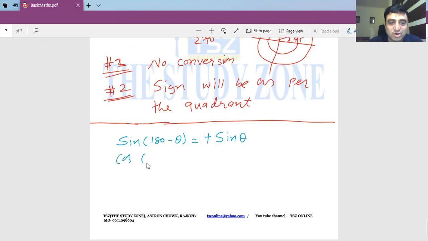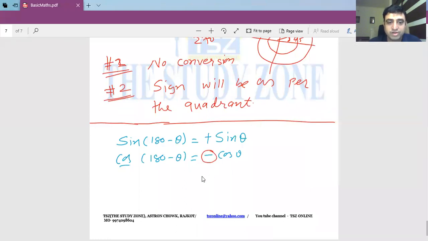But if it is cos 180 minus theta, then again there is no conversion, so cos will be cos, and in the second quadrant only sine and cosec are positive. So cos is negative, so there is a negative sign here. I hope it is clear to all of you.